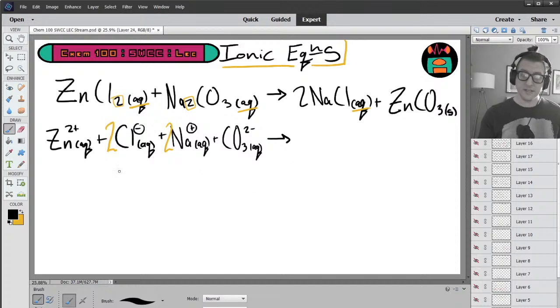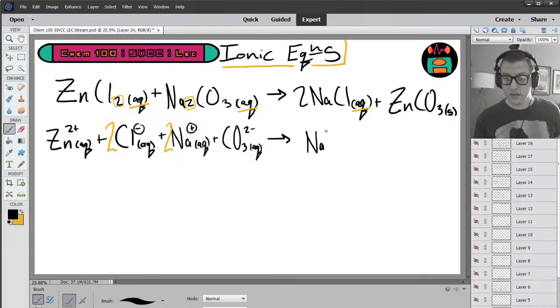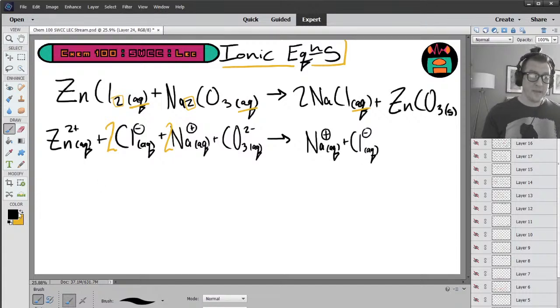Now the product or products are going to be sodium chloride. Even though there's only one sodium cation and one chloride anion floating in solution, because we have 2 of these molecules, we need to have 2 sodiums and 2 chlorides in play.